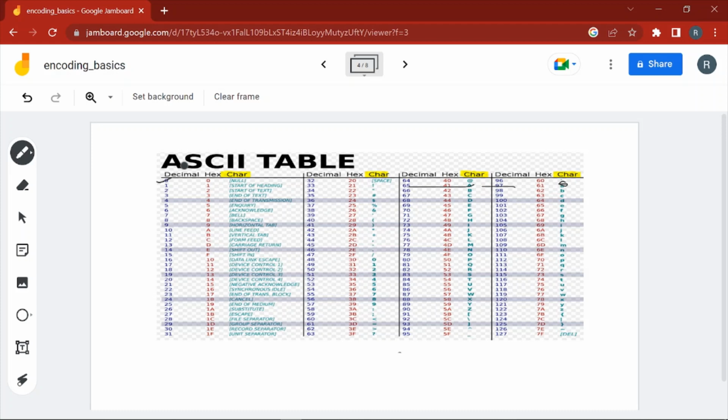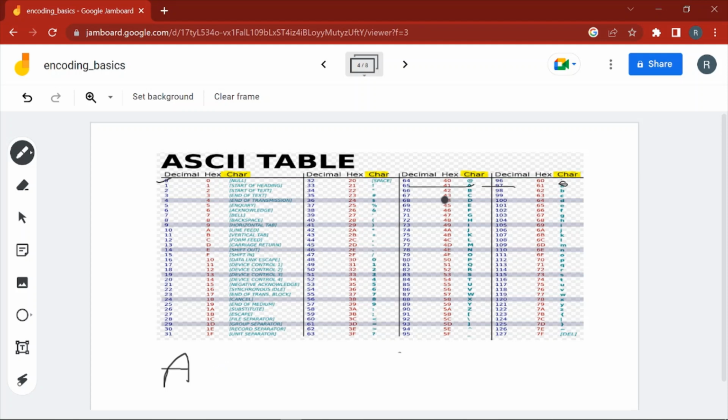So this is the character set of ASCII. ASCII character encoding uses this character set. It only supports 128 characters. If you notice carefully, you will see it has symbols, numbers, and the English letters. So what does a character set contain? It contains the particular character, you can see these, and the corresponding number.